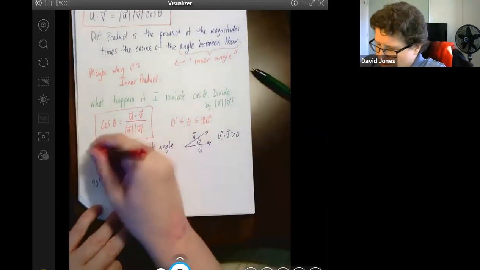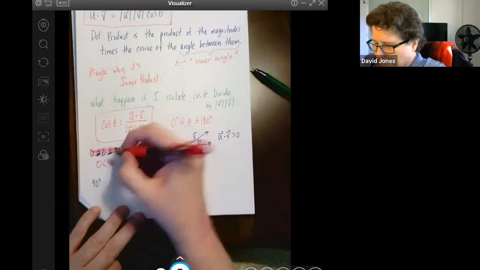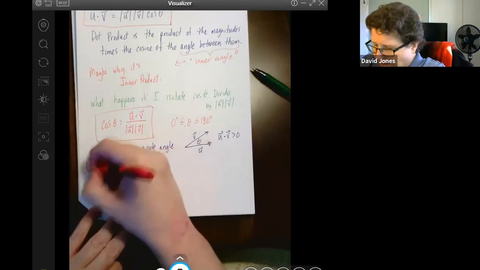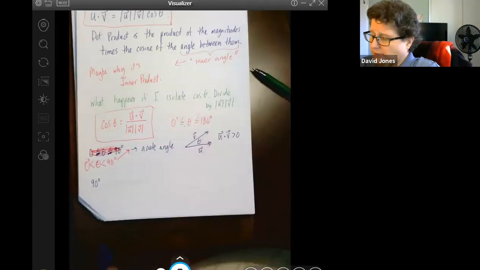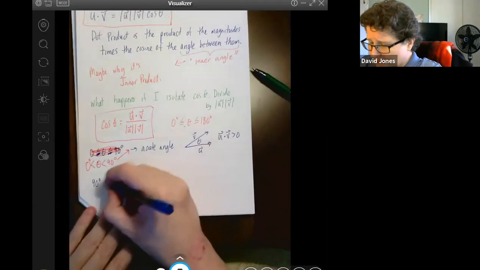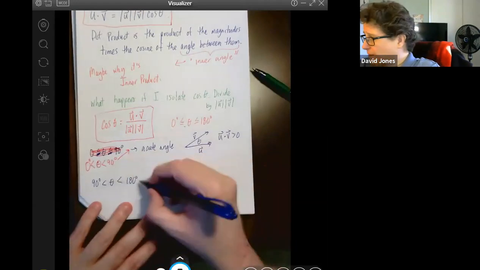I'm going to rewrite those symbols. 0 less than theta less than 90. And 90 degrees less than theta less than 180. We have an obtuse angle.